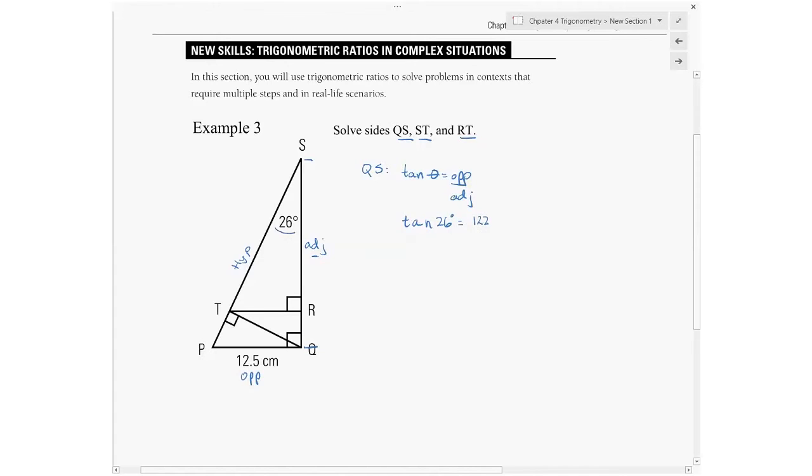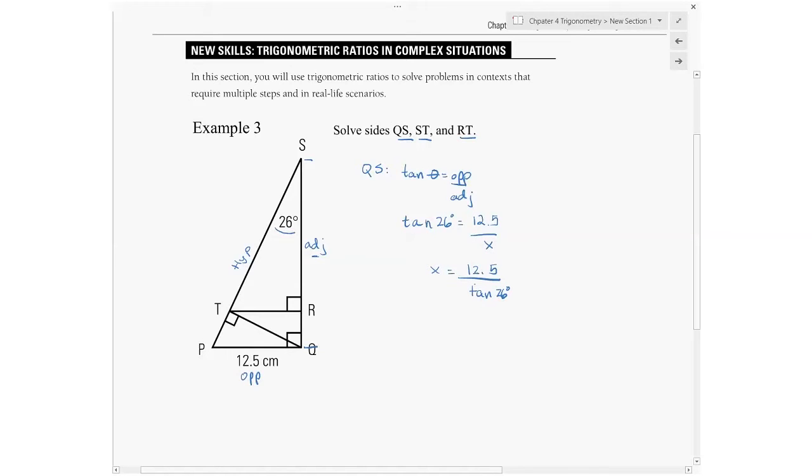12.5 over my adjacent was what I don't know, so that's x. X is on the bottom. It's going to be a division problem. Okay, so x is equal to 12.5 divided by the tan of 26 degrees. So I'm just switching these two things around.